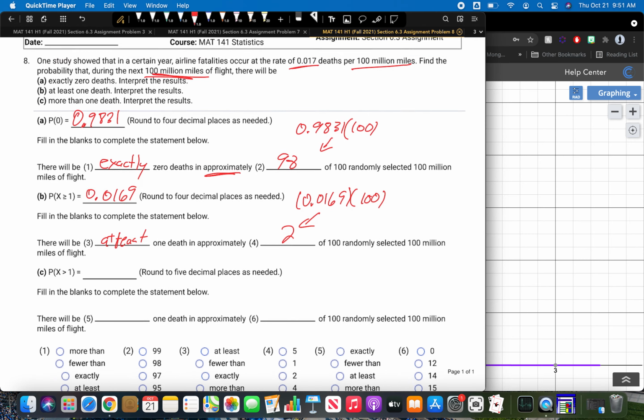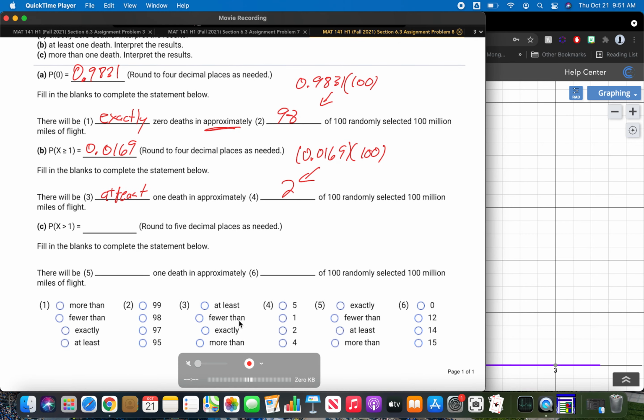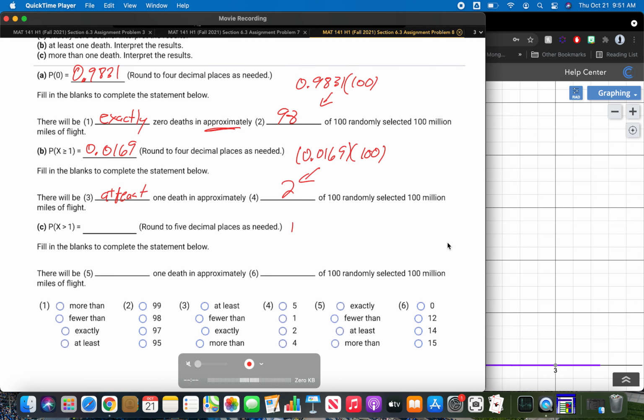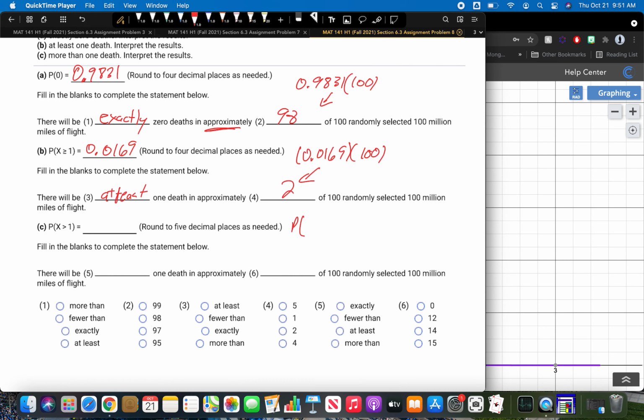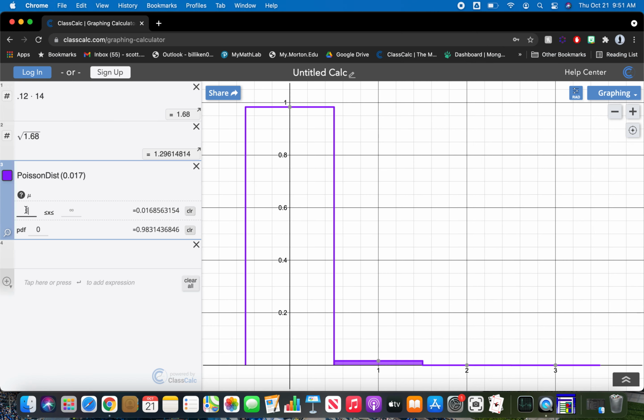And then part C, it wants to know what's the probability that X is greater than 1. Okay. Well, greater than 1, just like we talked about earlier, the probability that X is greater than 1 is the same thing as the probability that X is greater than or equal to 2. So we can change this 1 to a 2 in our calculator. And so now we get a probability rounded to 5 decimal places of 0.00014.